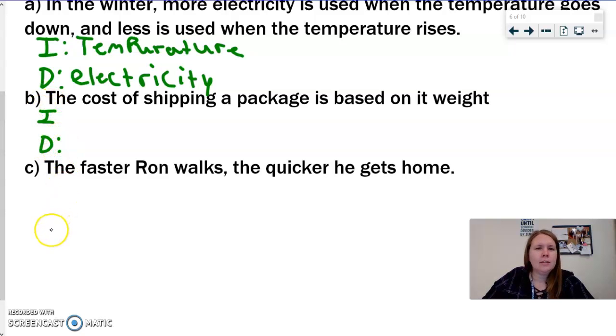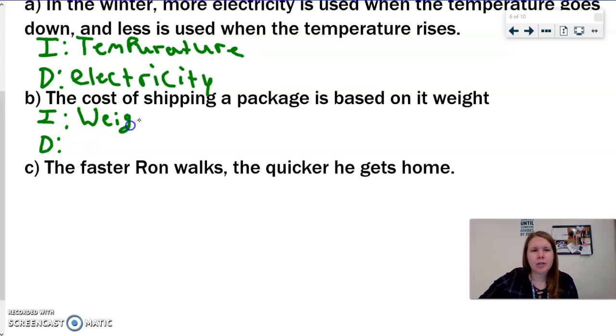It says the cost of shipping a package is based on its weight. I like this one a little more because I think it's a little more clear. So independent is going to be the thing that I cannot change, or the thing that's already going to be there. You get to the post office and here's what's happened. So the independent variable in this case is going to be my weight.